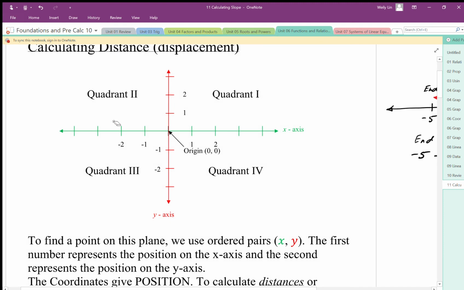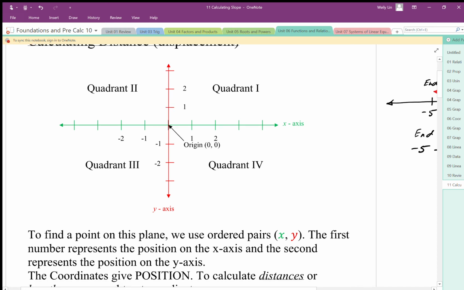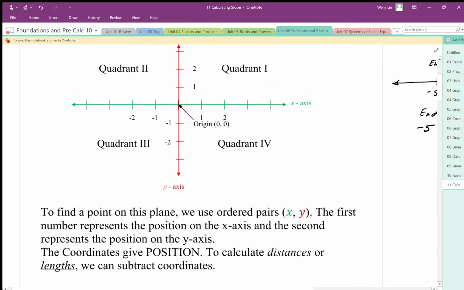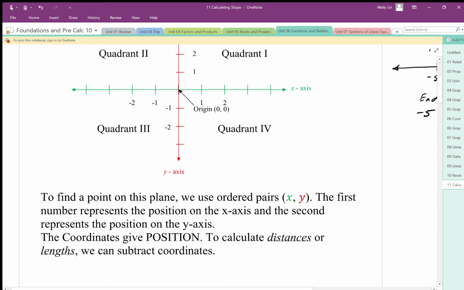We basically have a horizontal number line and we have a vertical number line. And to find a point in this space, we use an xy pair. So our first number represents x, our second number represents y. In this positioning, we use a position along these number lines, both horizontally and vertically.